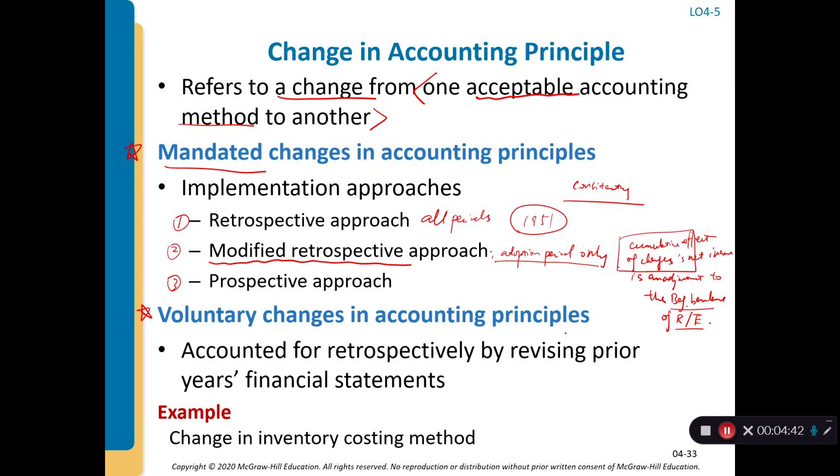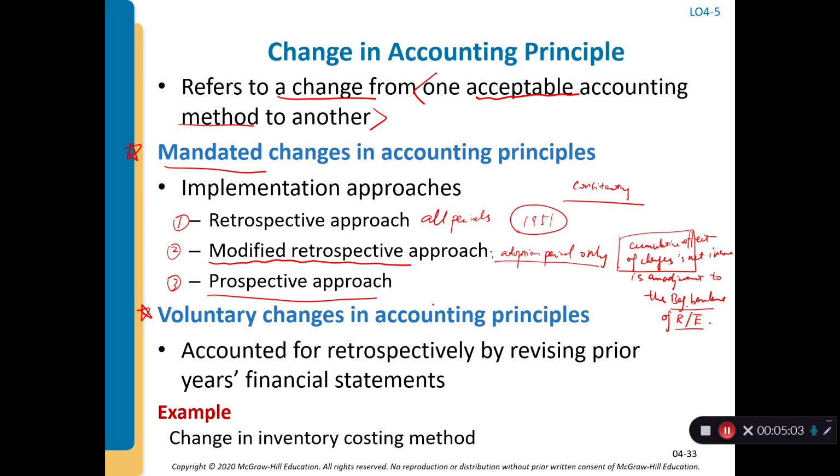Okay. And the prospective approach requires neither modification of prior periods' financial statements nor adjustment to any account balances. Instead, this kind of change is simply implemented in the current period or future periods.